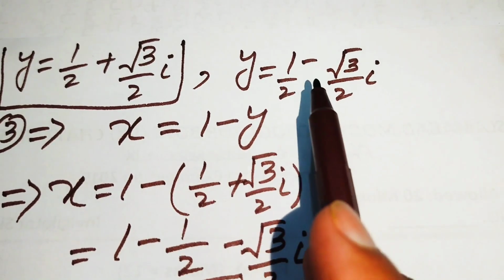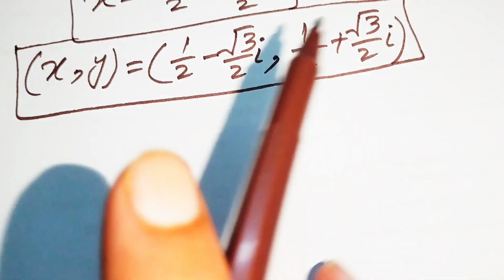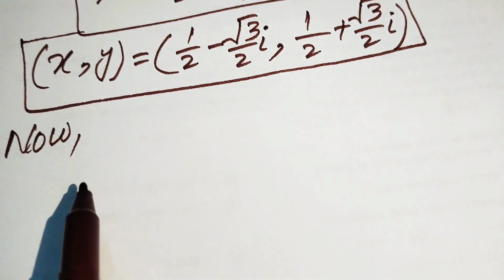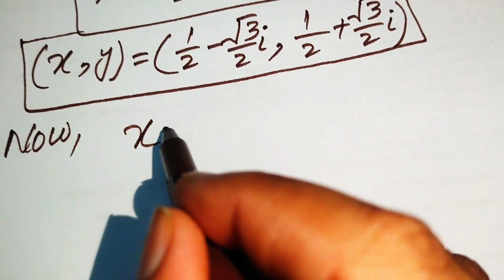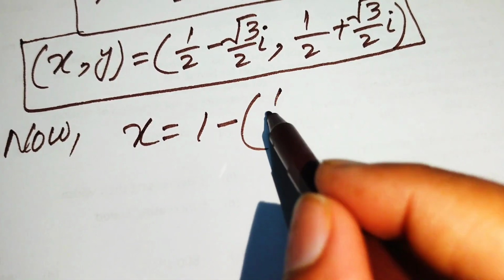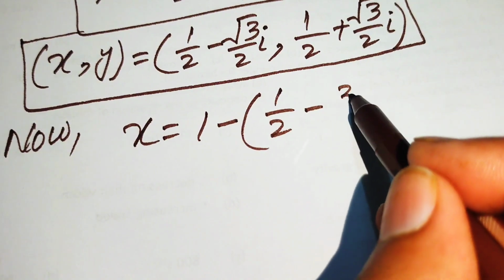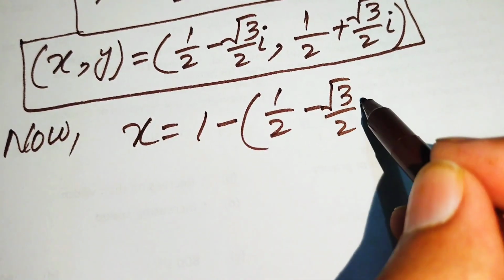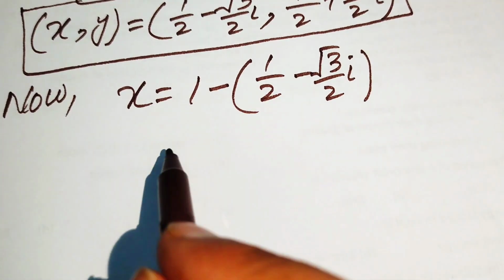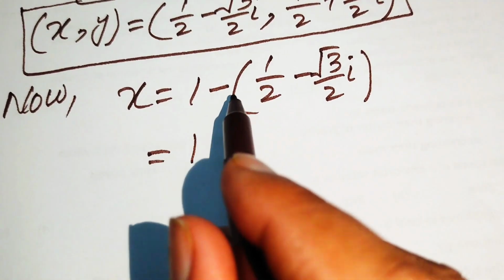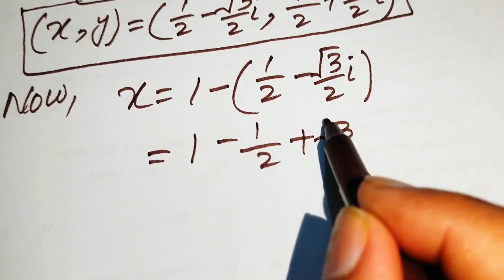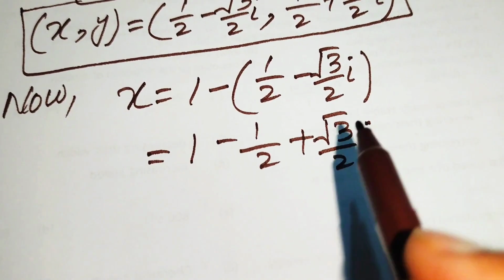So when we put this value of y here, we move towards our second solution. We have x equals 1 minus y, and the second value of y is 1/2 − (√3/2)i. Here we need to simplify this, and we multiply this minus sign, and we get 1 minus 1/2 plus (√3/2)i.